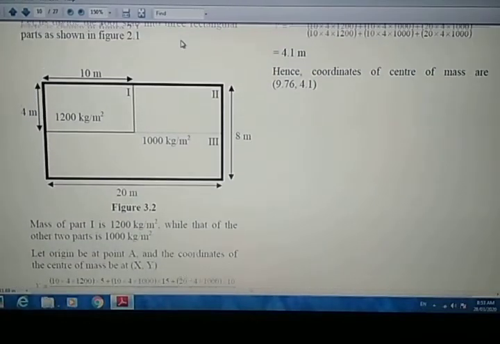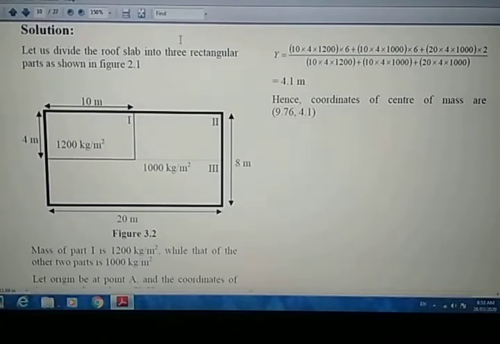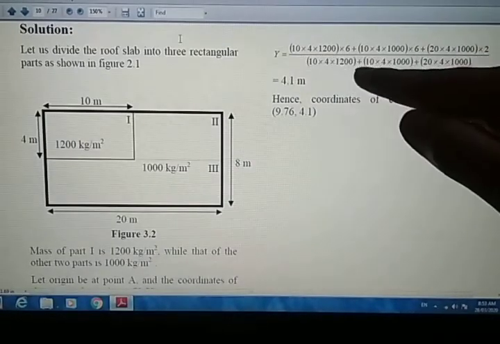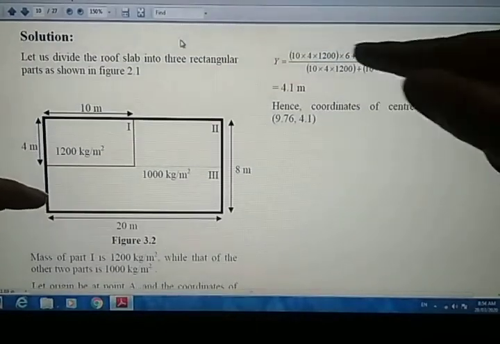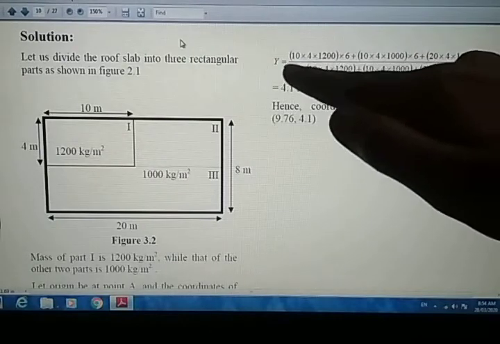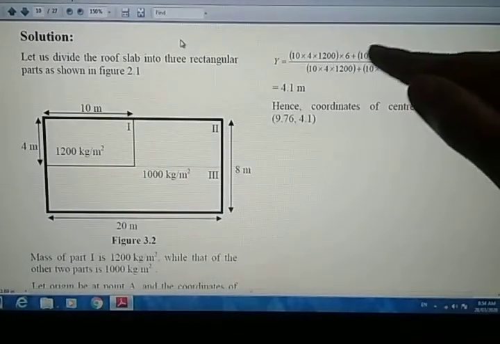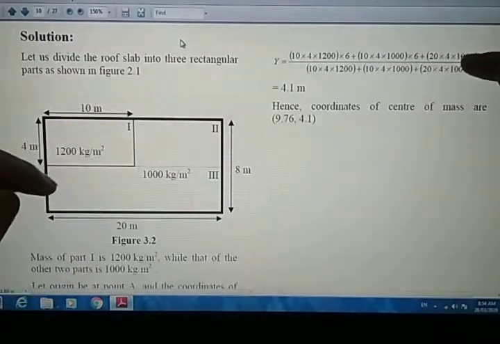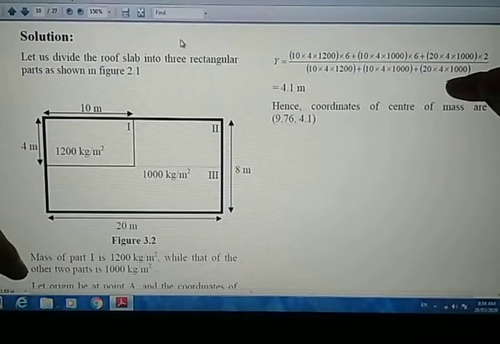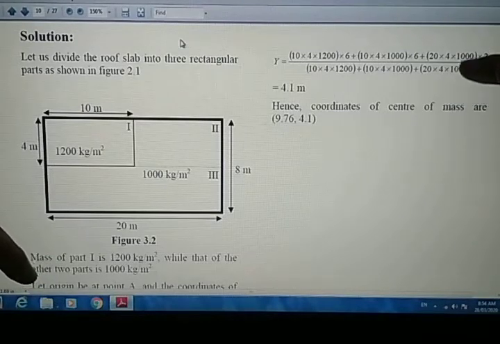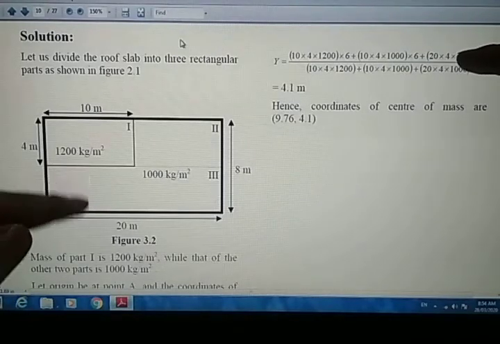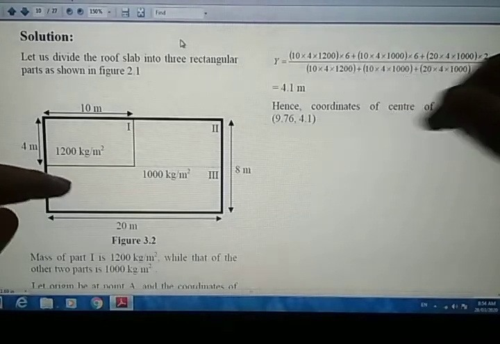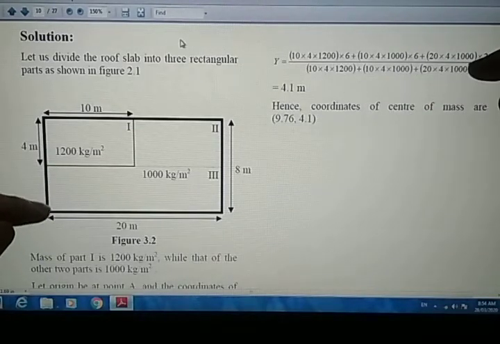Similar to this, we can easily calculate the ordinate position, that is y. As in the last equation, the mass of this section is 1200 into 4 into 10, another section is 10 into 4 into 1000, and the third is 20 into 4 into 1000. So we go in the y direction.